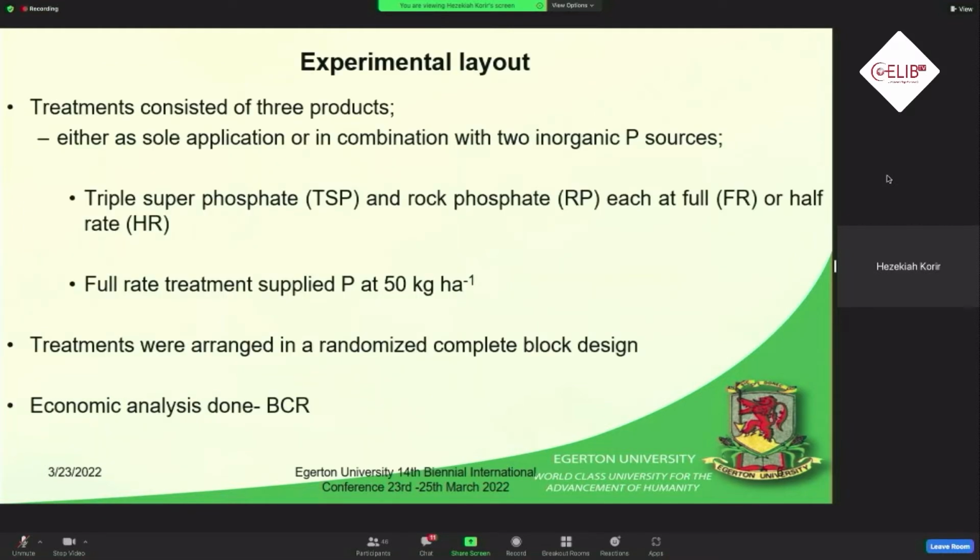So we had treatments where we either had a sole application of the product or we combined them with rock phosphate or triple super phosphate, either at half or full rate of each. For the full rate of application, we wanted to supply 50 kg of P per hectare. The treatments were arranged in a randomized complete block design, and we took data on the plant height, the biomass, and the yield. And at the end, we also did an economic analysis, the benefit cost ratio.